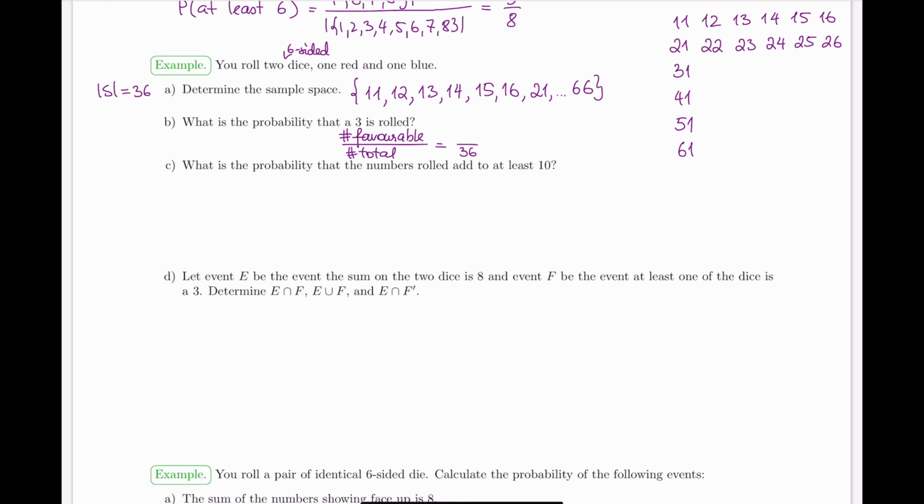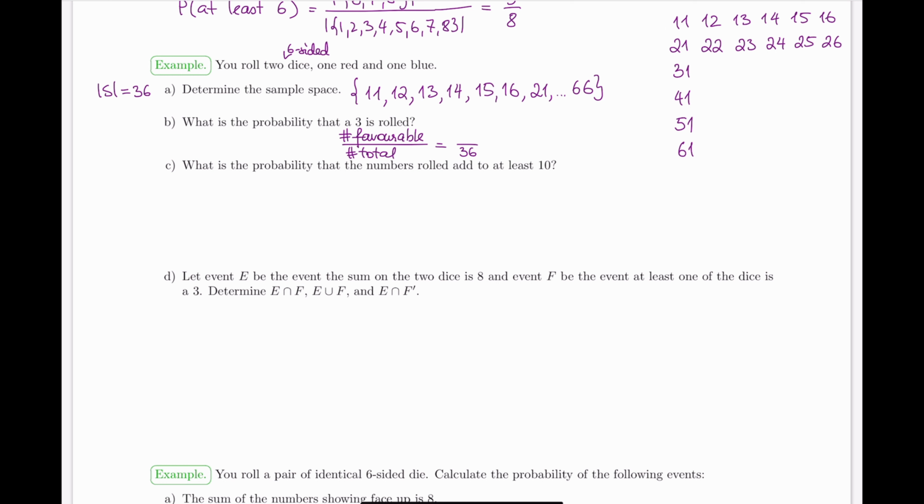So now we need to figure out what is the number of favorable outcomes, the desirable ones, the ones when a 3 is rolled. Now, we can go through the list and find everywhere where a 3 occurs and count those numbers, or we can use our table structure here because it might be a little bit easier to visualize.